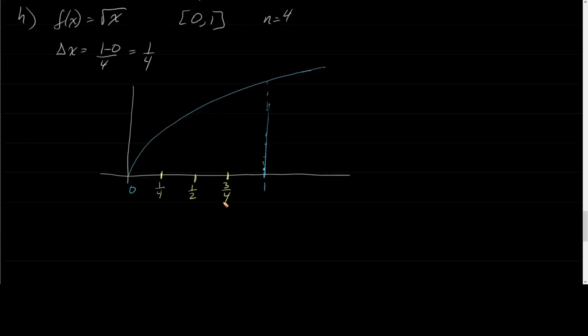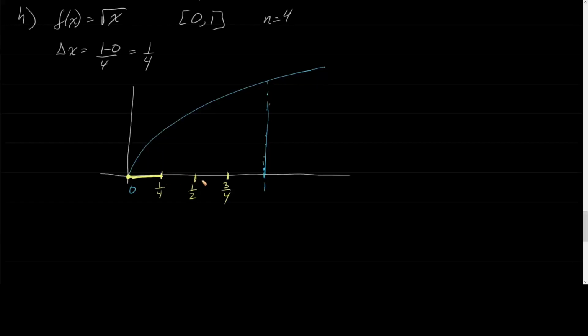Now, what do the lower rectangles look like? In this first interval, the value of x such that the function is at its minimum is here. So this is the rectangle. That's kind of weird because it's just a height of 0, but we'll think about that later.